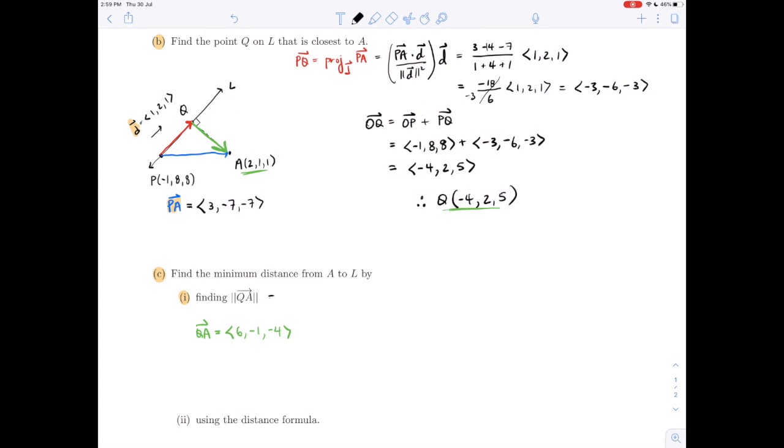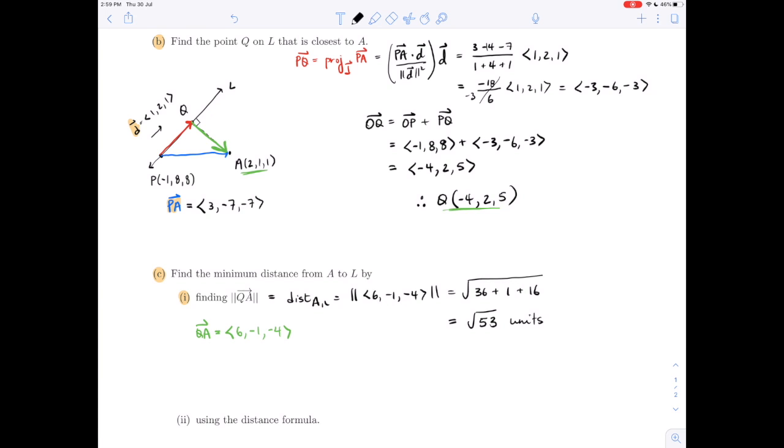So this is the distance that we're looking for. The distance from A to L is the magnitude of that vector (6, -1, -4), which is the square root of 6 squared plus minus 1 squared plus minus 4 squared, which is going to give me 36 plus 1 is 37, plus 16 is 53, the root of 53 units.